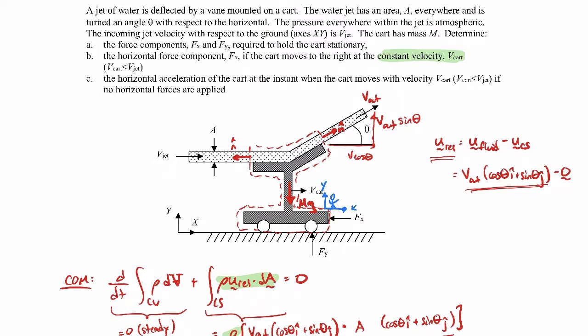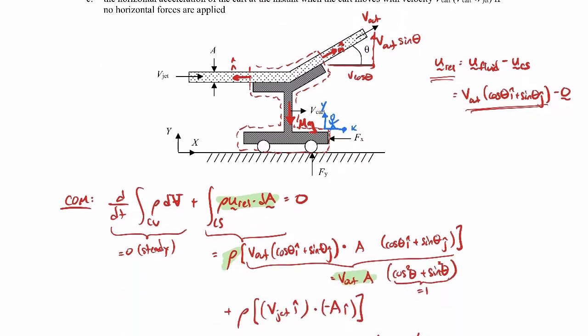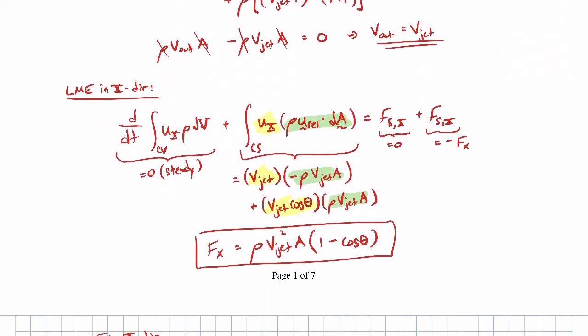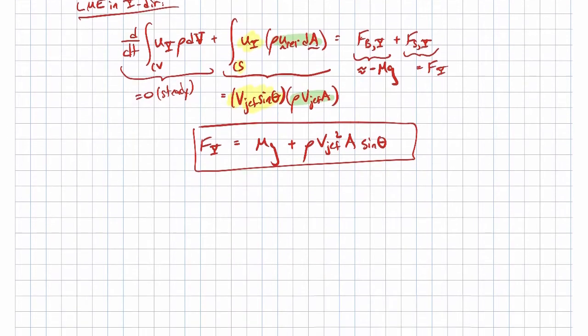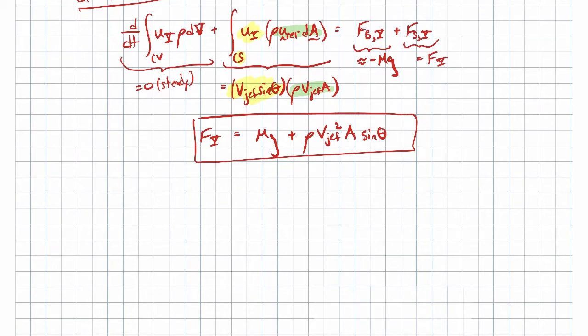And we're only going to worry about the x direction in this problem. So let's work that out. So we'll write out the linear momentum equation again in the x direction, and I'm using the little x here because that's the coordinate system I'm using. So we'll write it all out.